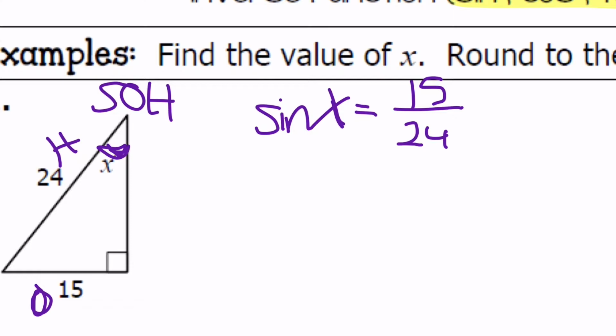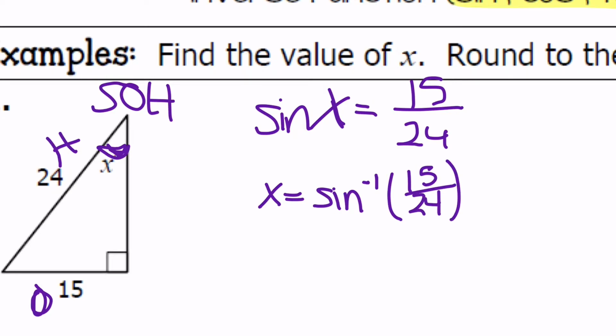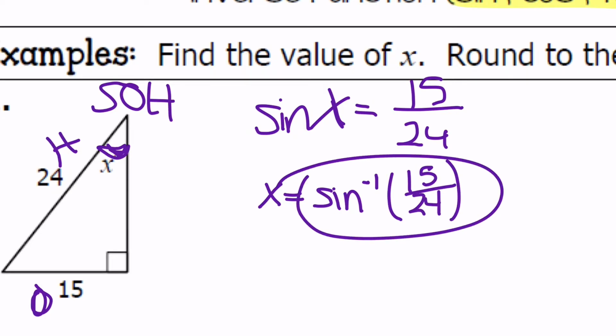We can reduce that fraction, but we don't have to right now. But we can use what we call the inverse of sine function. And so that's where x is going to equal sine to the negative 1 power of 15 over 24. And we put it in our calculator just like this.